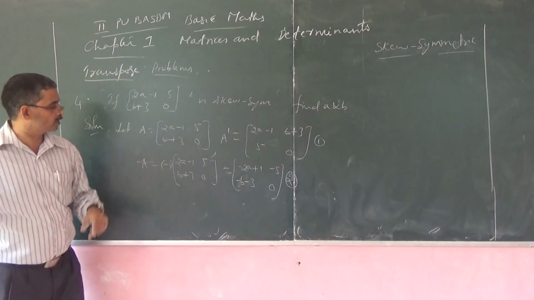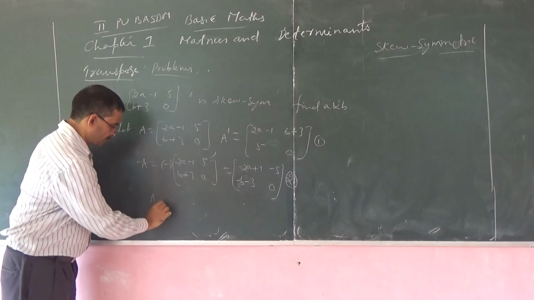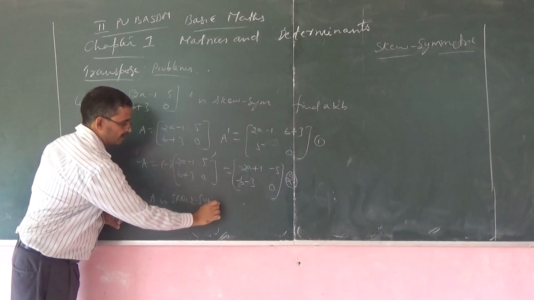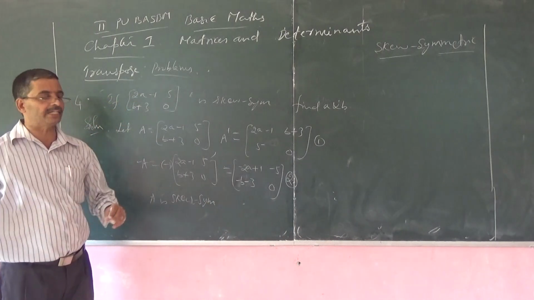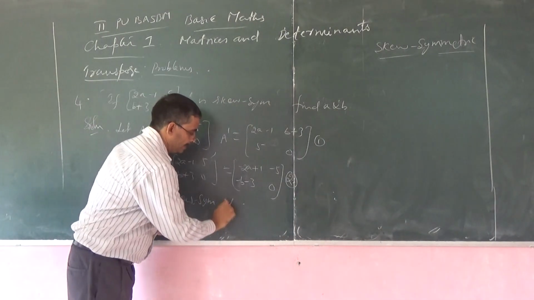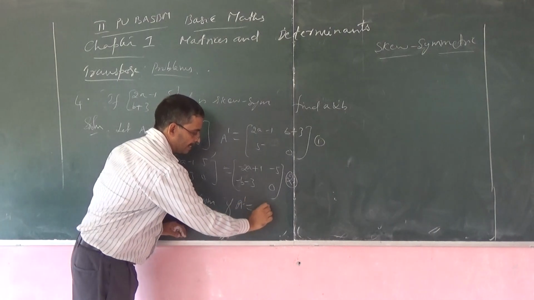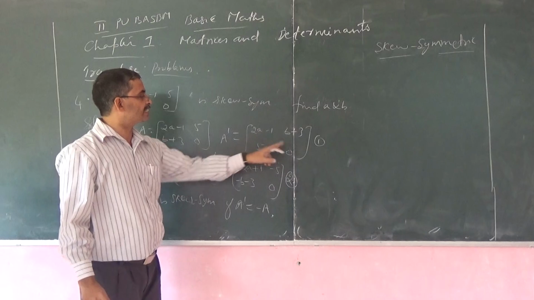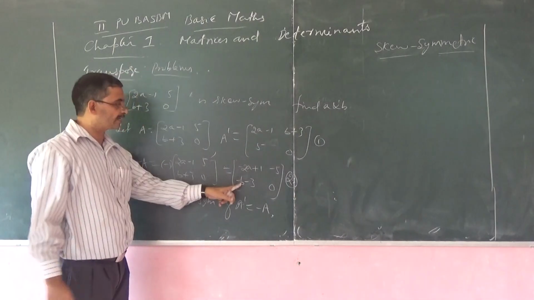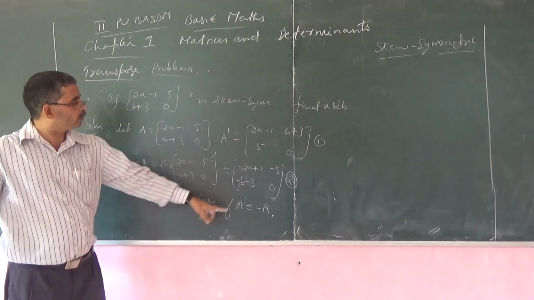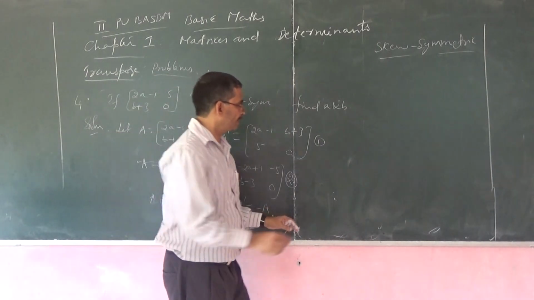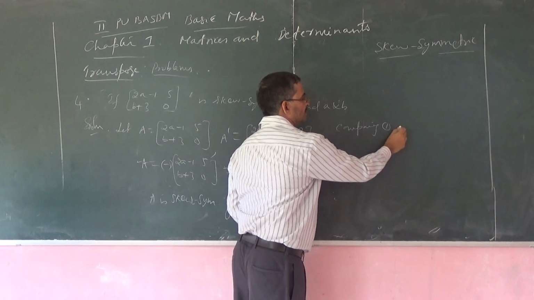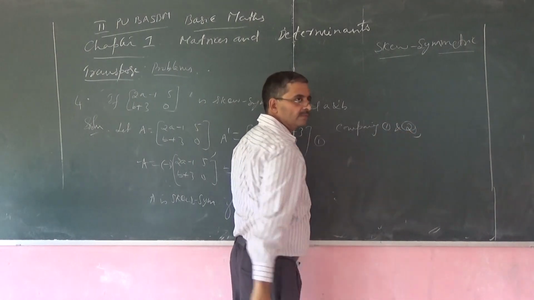Now A is skew symmetric if A dash equal to minus A. So comparing 1 and 2, what do we get?